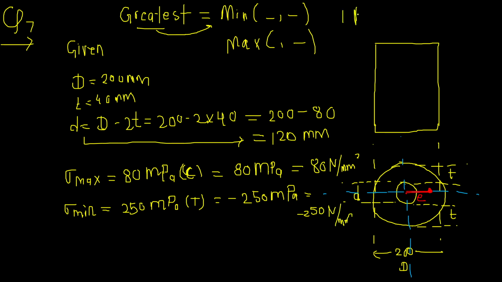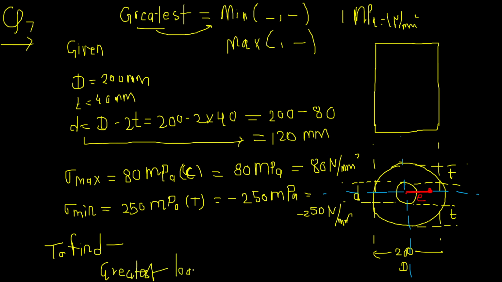Okay, 1 MPa is equal to 1 Newton per mm square. आता हे सगळं गिवन झालं. Next to find what we have to find, we have to find the greatest load P. greatest load काढायचं आहे. ठीक आहे.